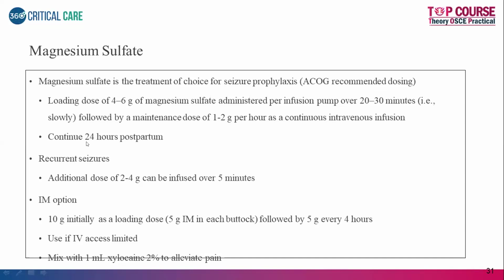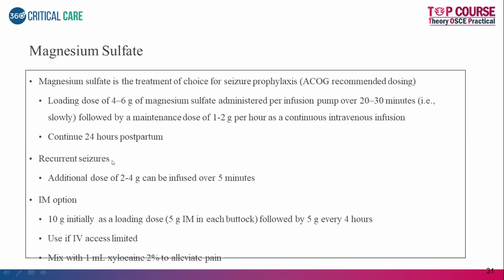Continue till 24 hours postpartum. Please remember the doses. When we ask in the practicals, most of them get confused, so please mention the range. 4 to 6 gram loading dose over 20 to 30 minutes, followed by 1 to 2 gram per hour, usually given for 24 hours. That is the dose of magnesium sulfate.